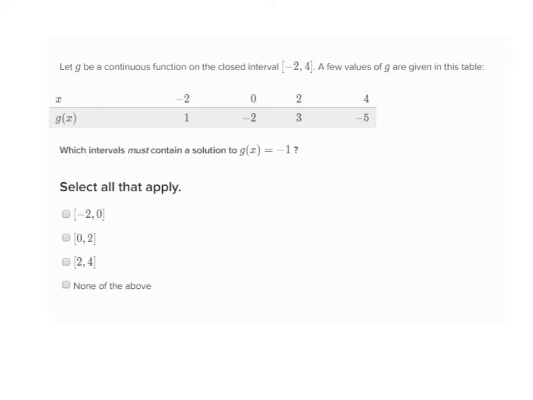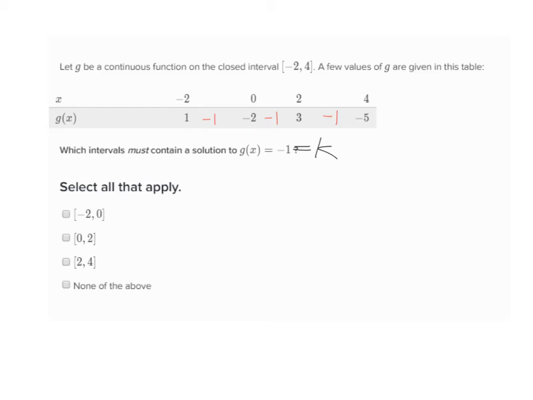What we could do is put this -1 here, put it here, and put it here. And we're going to look at this one at a time. First, let's look at this one. Is -1, which is my k value, right? Remember, that's the height I'm trying to find if the function ever equals that. Is -1 between 1 and -2?